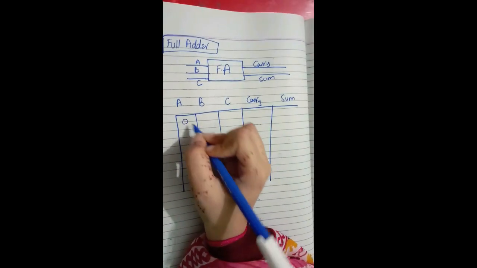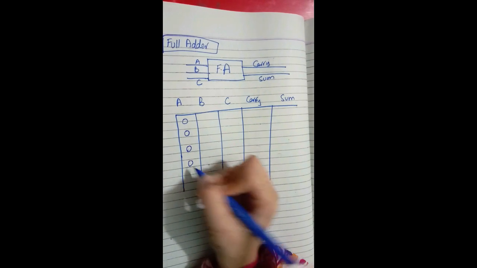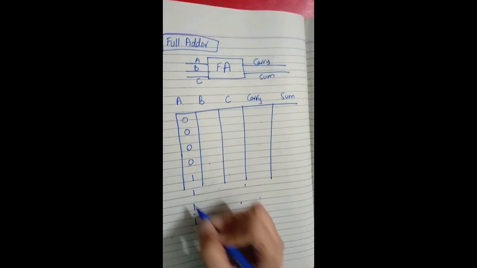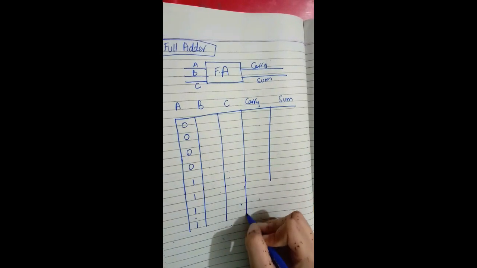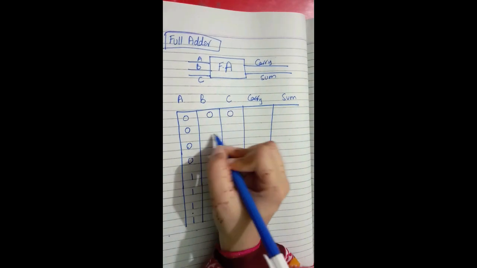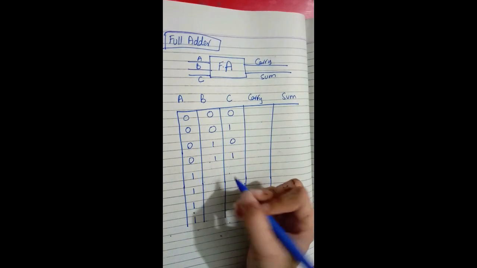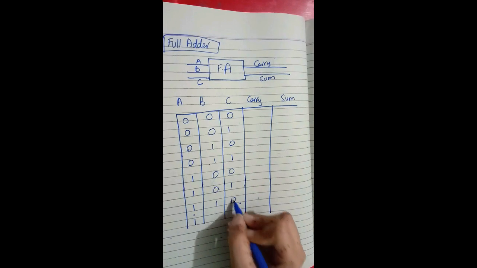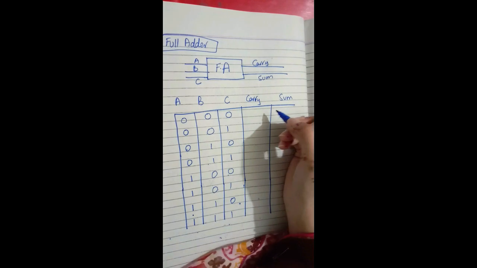For A we have 0, 0, 0, 0, then 1, 1, 1, 1. For B we have 0, 0, 1, 1, and again we repeat it 0, 0, 1, 1. For C we have 0, 1, 0, 1, and again 0, 1, 0, 1. Now we will do the carry and sum as we did for the half adder.